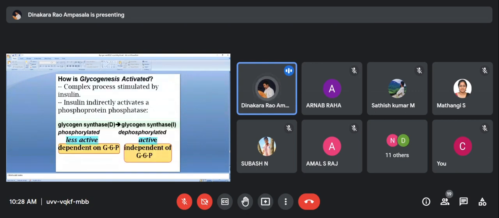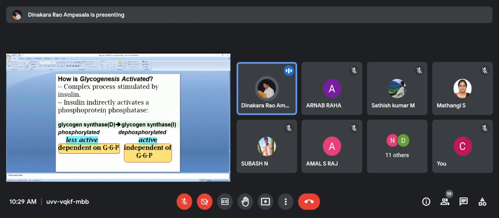So how is glycogenesis, a complex process, stimulated by insulin? Insulin indirectly activates phosphoprotein phosphatases. Glycogen synthase D, when it is phosphorylated, is less active. When it is dephosphorylated, it becomes the active structure.